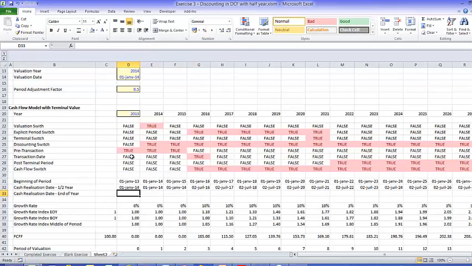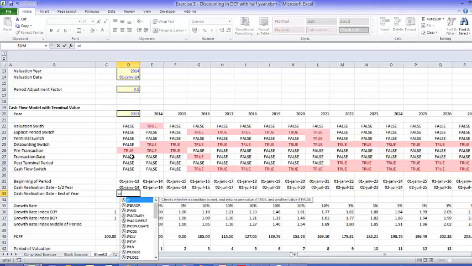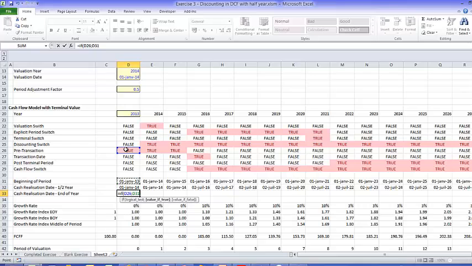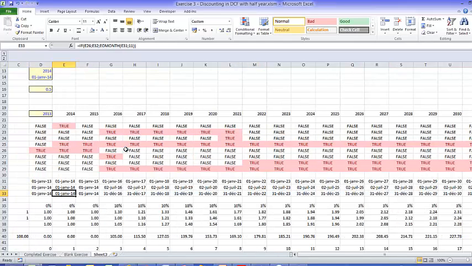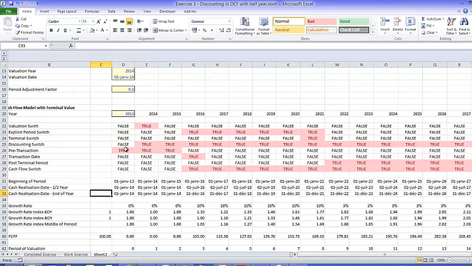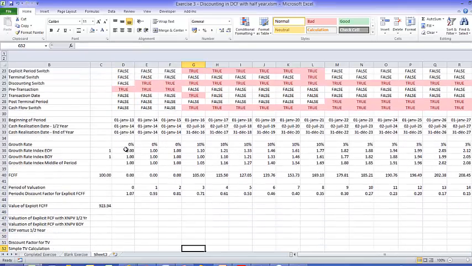If we want to do something at the end of the year, we'll do the same thing. If it's the pre-transaction period, then let's just use the same thing we used before. Otherwise, let's use EOMONTH of the beginning of the period, and I think we have to press 11. The only reason I know that is because I made an error. So what that does is say, okay, let's put the cash flows exactly at the end of 2016.